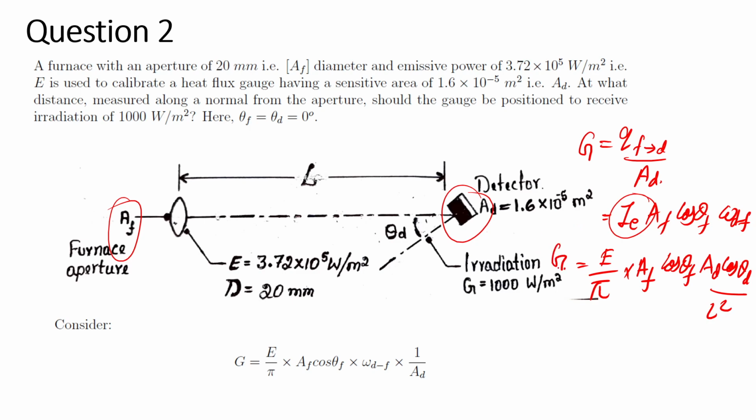So this is given by G. This is what has been written over here, E by pi A_F cos theta F. So omega D2F is given by this formula over here.